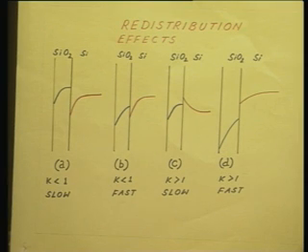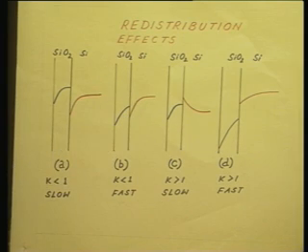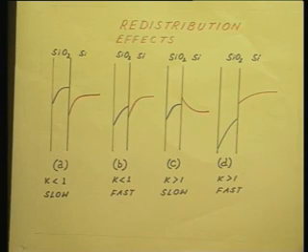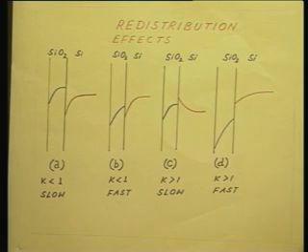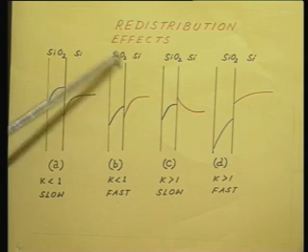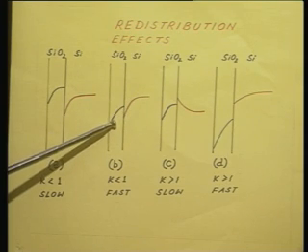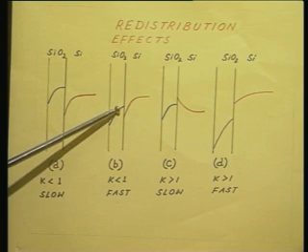K is still less than 1, but now instead of slow, I am considering a fast diffuser through oxide. Again you see, if you look at the silicon dioxide interface, because K is less than 1, on the silicon side the boron concentration is falling near the interface as shown by the red line, and at the interface on the silicon dioxide side I have a higher boron concentration.